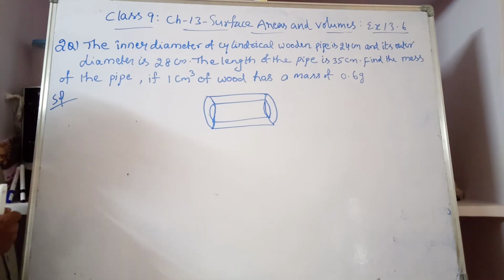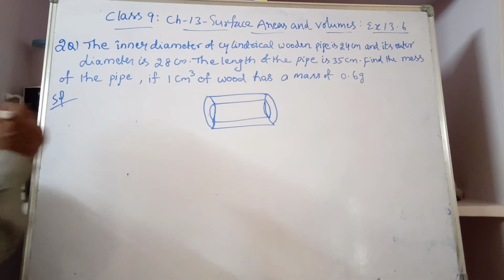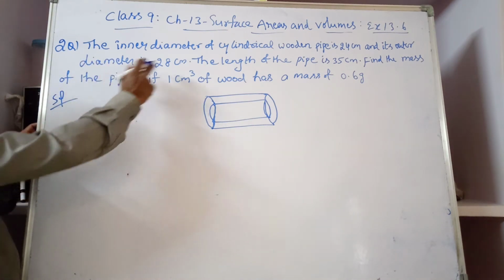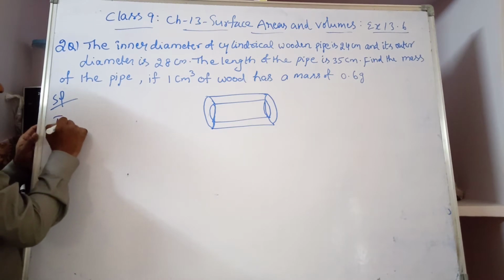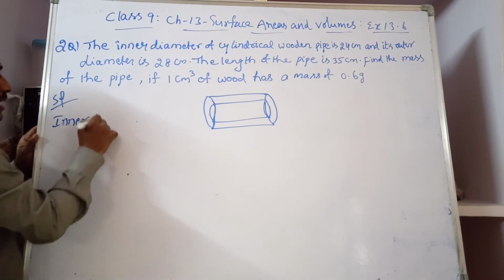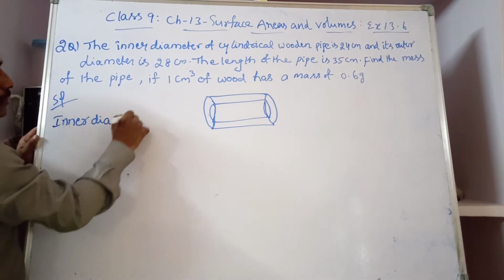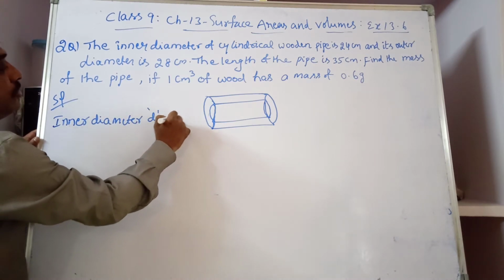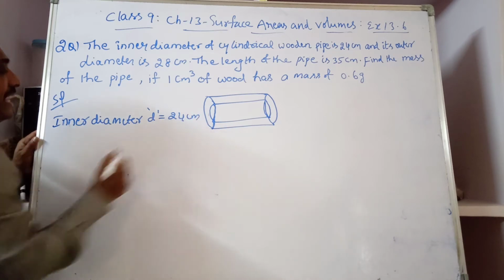After finding the volume of wood, you can multiply with 0.6 grams. First, the inner diameter is given. Inner diameter small d is equal to 24 centimeter.